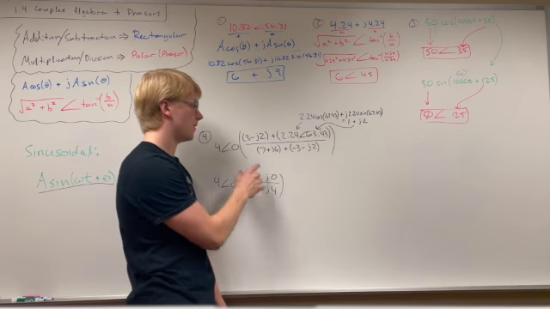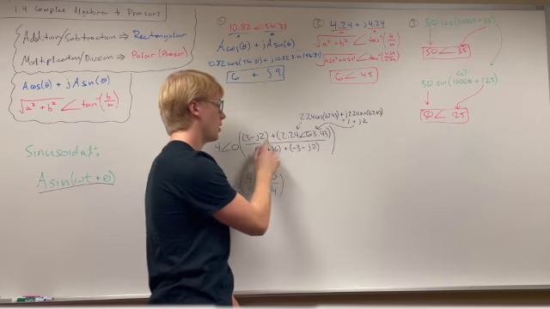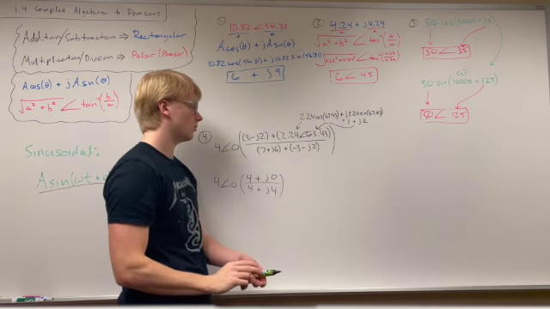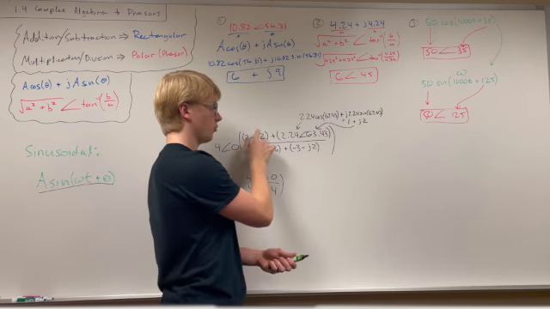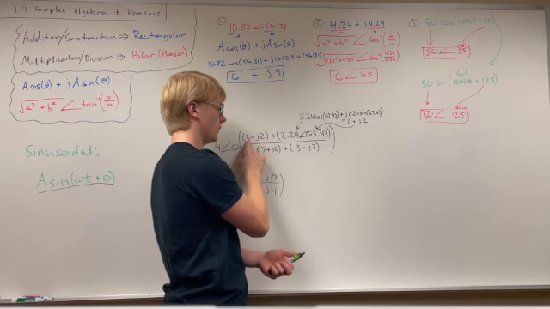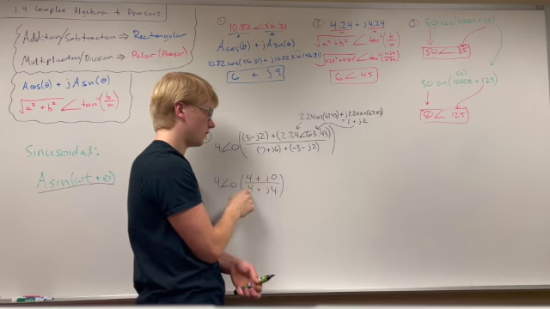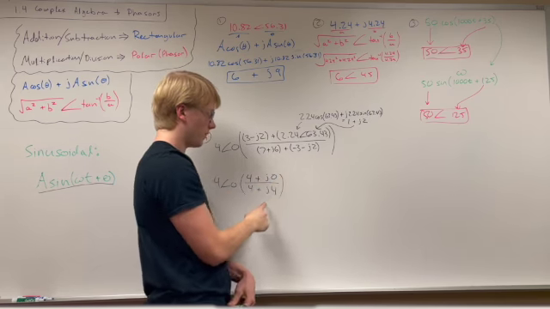When you add them, it's just going to be the real part plus the real part, and the fake part plus the fake part. And so the real part plus the real part is 4 in this case. Fake part plus the fake part is 0 in this case. 7 minus 3, 6 minus 2 is 4.